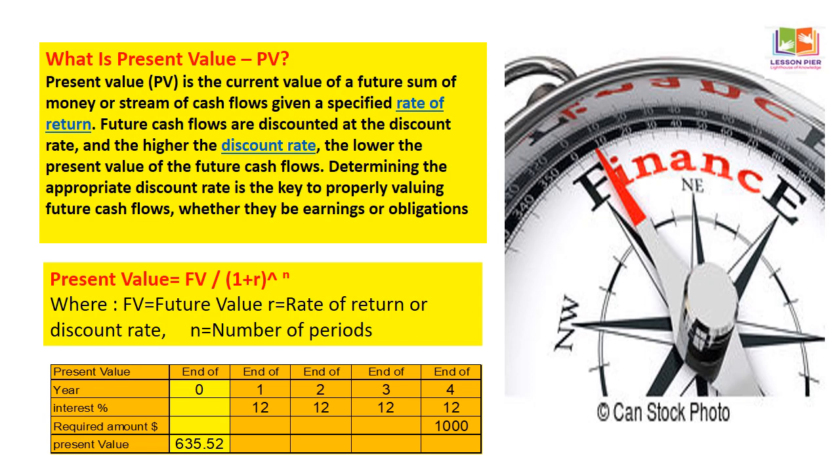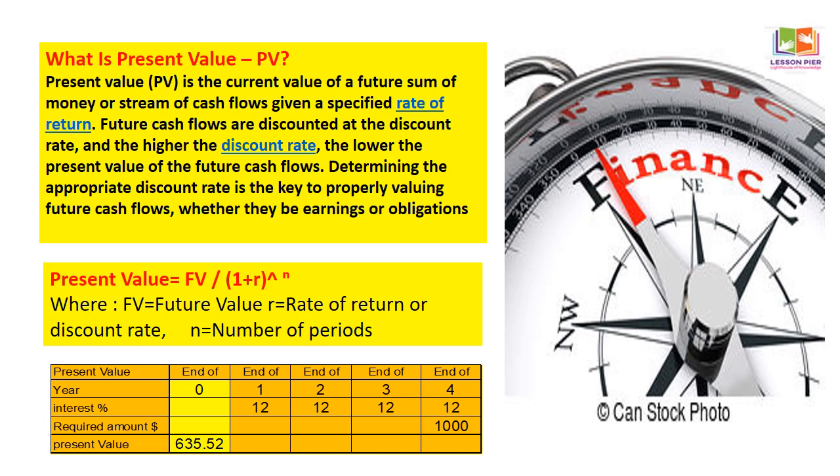The exact definition is, present value is the current value of a future sum of money or stream of cash flows given a specified rate of return. This rate of return means the rate of interest, right? Now, coming back from future cash flows to present value, this is called discounted at that interest rate.